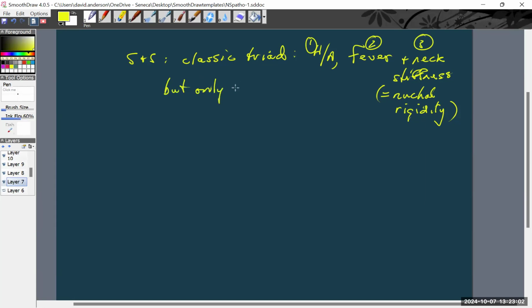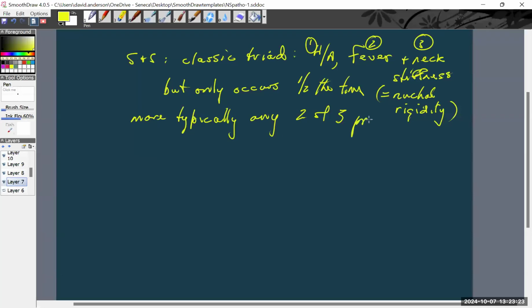but it only occurs about half the time. More typically, any two of the three present. I mean, half the time, that's good. That's why it's a recognized clinical presentation.